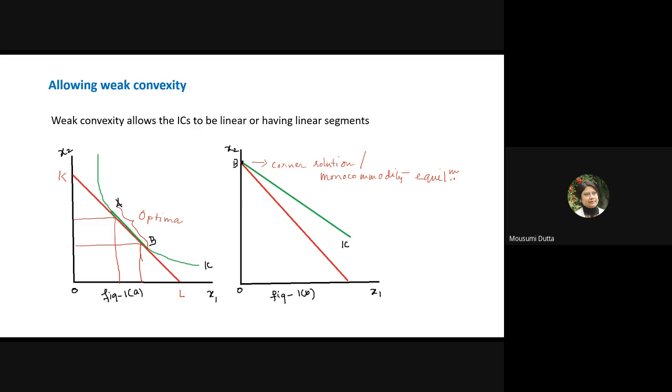And then you draw the indifference curve in such a way that between the two curvatured parts, there is a straight line stretch. AB is a straight line stretch.